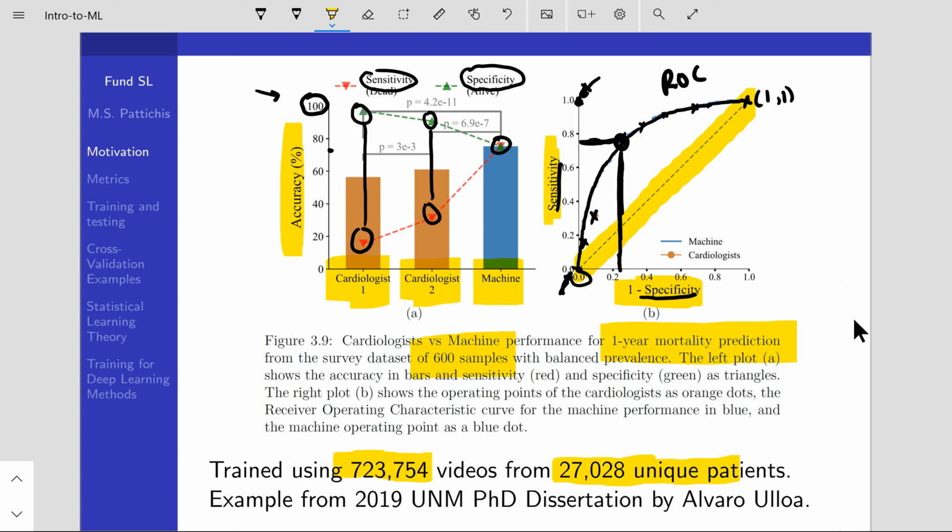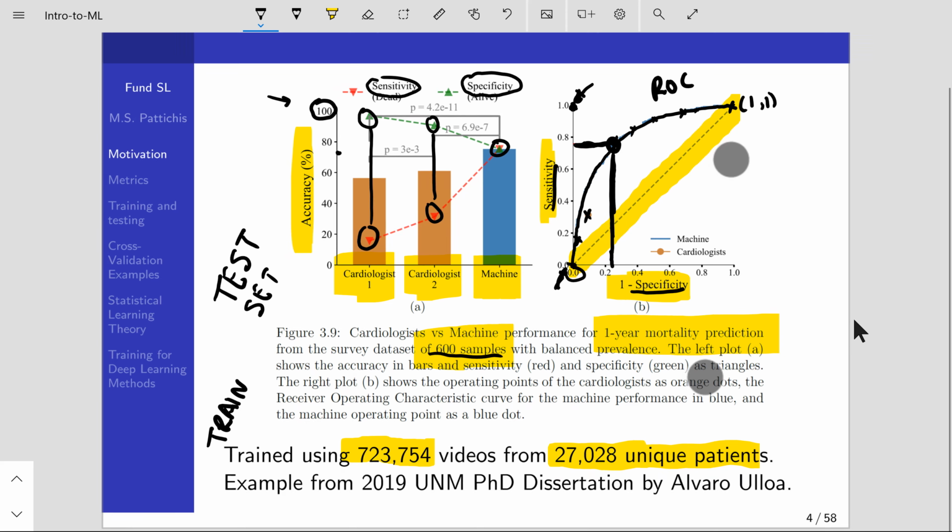So many times these patients were basically coming back because they were being monitored. And the results that we presented on 600 samples are actually the test set. So again, this is the final result on what we call a test set, right? Which is an independent set, which is different from the original training set. Okay, so this is training, and this is tested. Okay, all right.